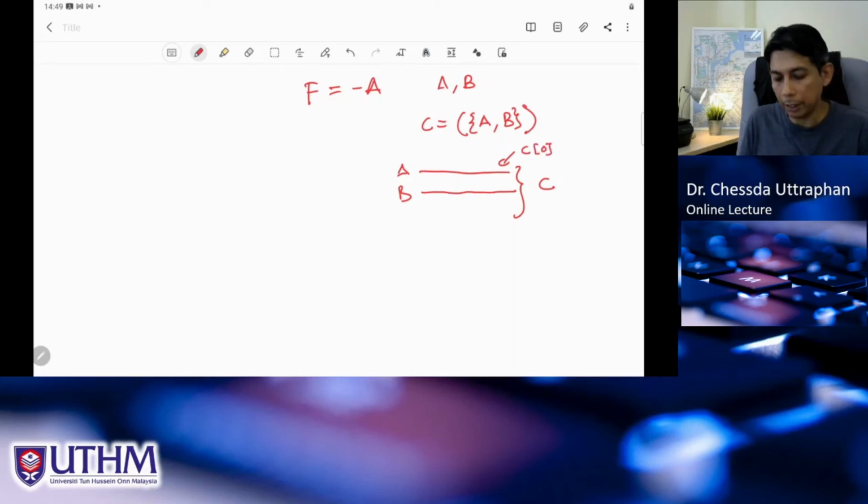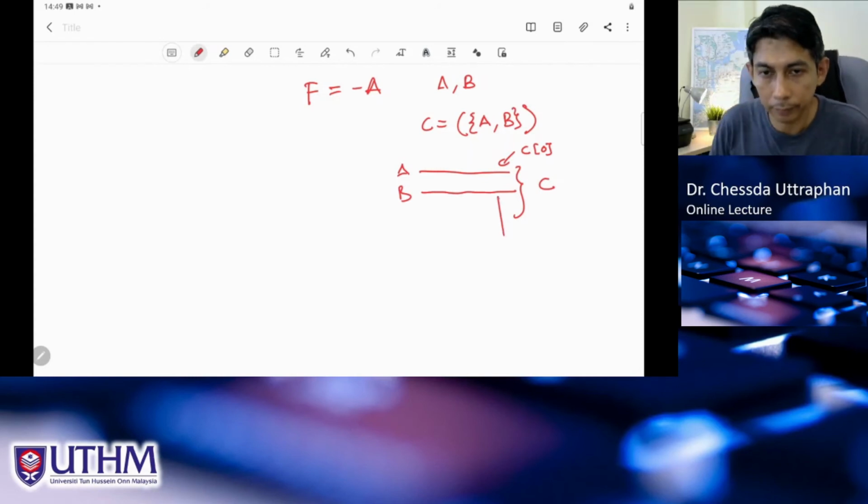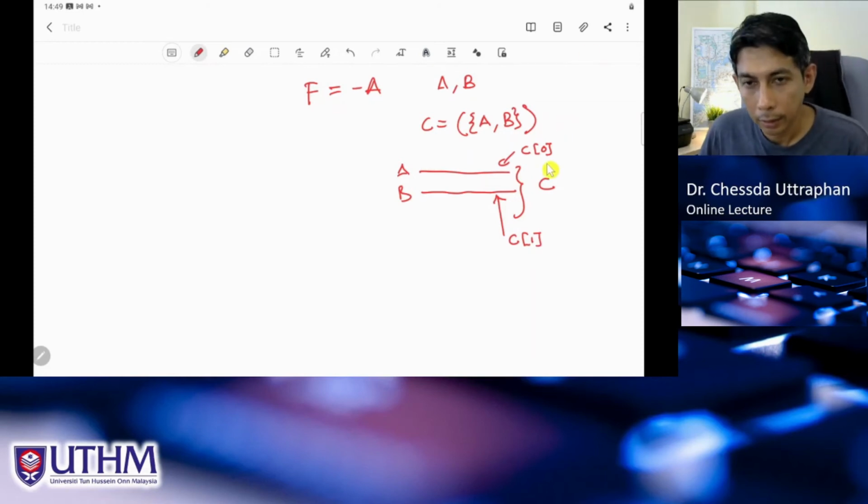It means that C must be 2 bits in size. Okay, that is the meaning of concatenation.